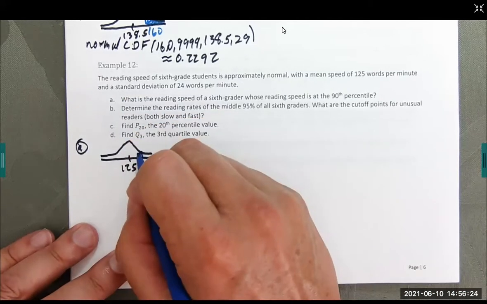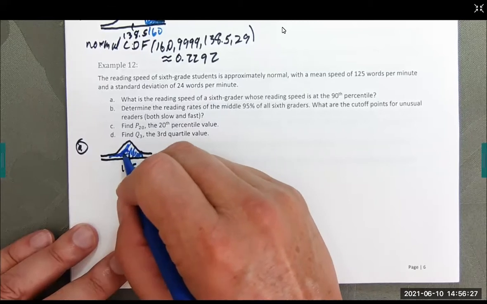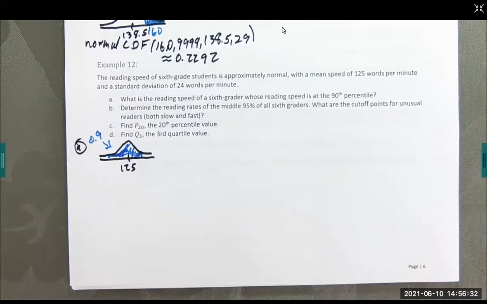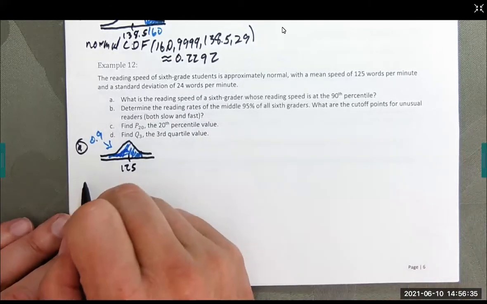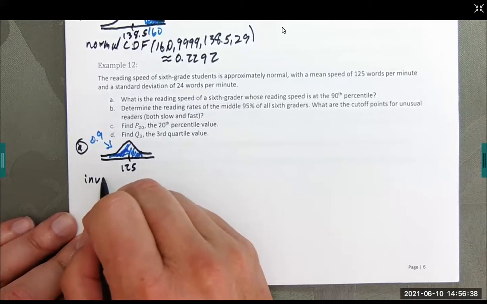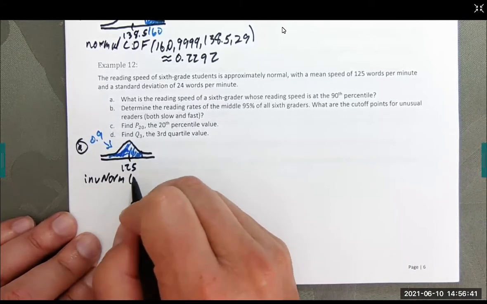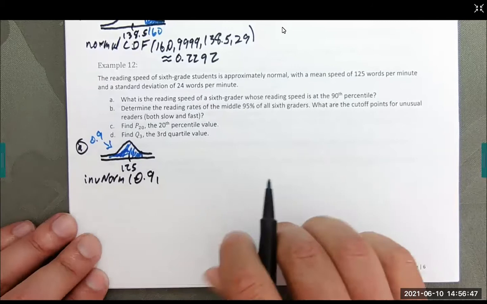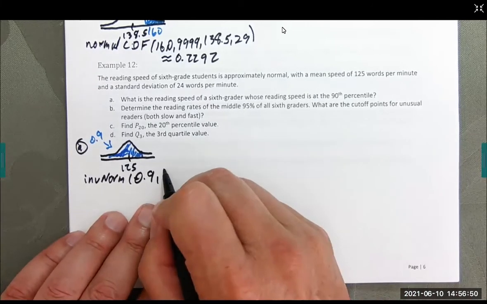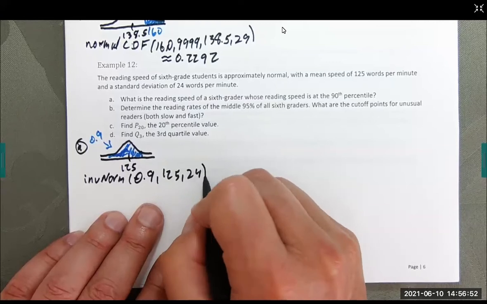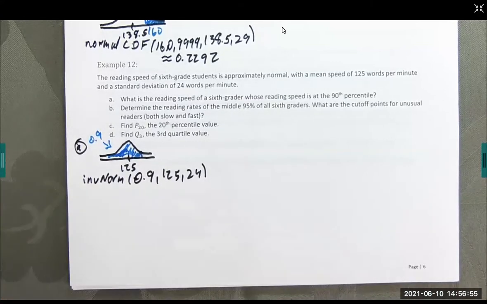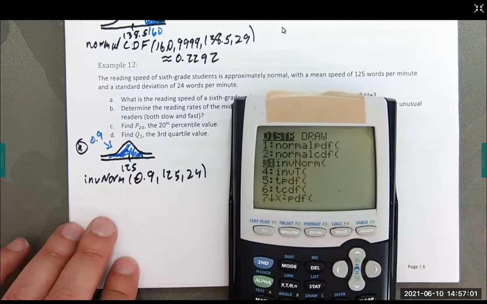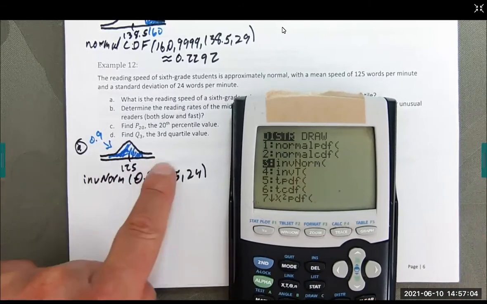Now, this one's going to be slightly different because now we're given the area. So now we're going to be using inverse norm. And the area to the left is our 0.9. But now we have a new mean and standard deviation. Because we're given the area in this case, we're looking for a z value here.